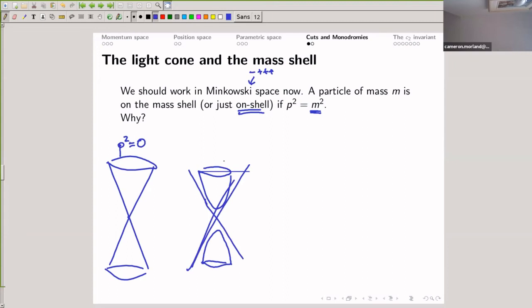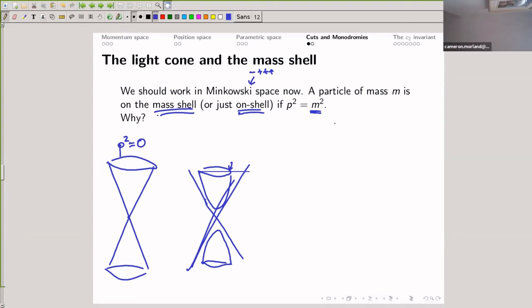And so this surface is called the mass shell, because if you are behaving as a classical particle, you are constrained to living there. And so it's your mass shell. And a particle is on the mass shell, or just on shell, if it satisfies that.